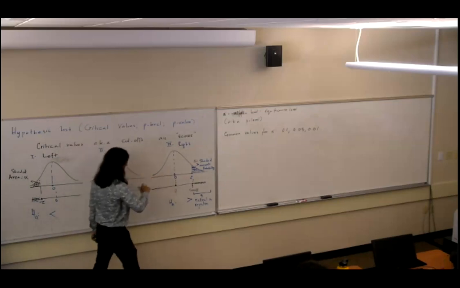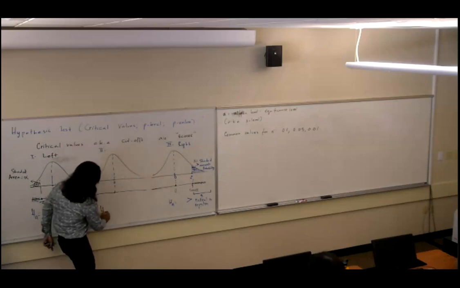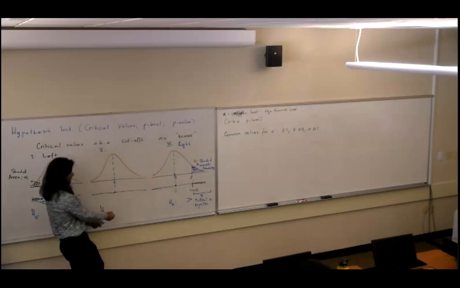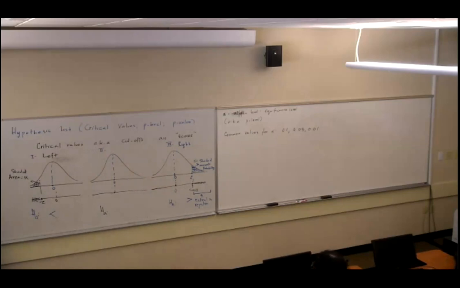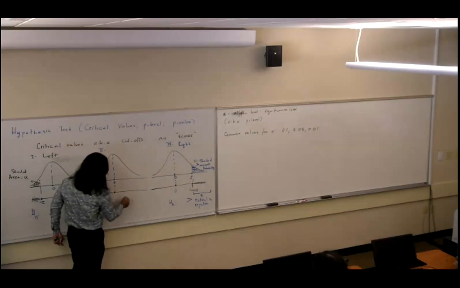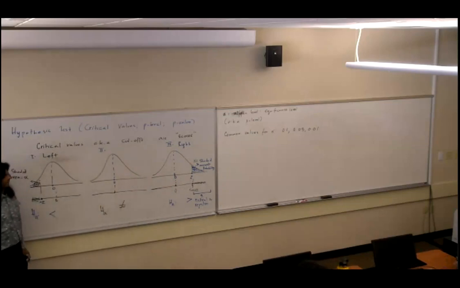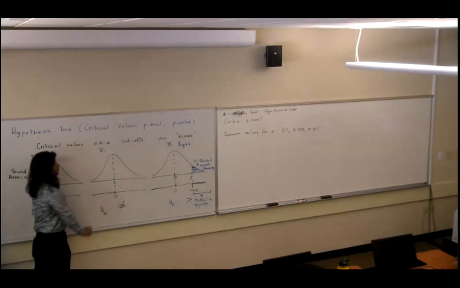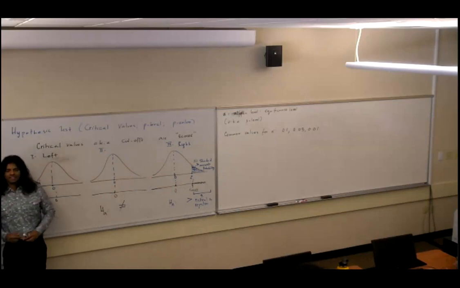We'll start here. What sign should go in the alternative? Unequal sign. A not equal sign, okay. Where should the rejection region be? Both sides. Both sides. Why?